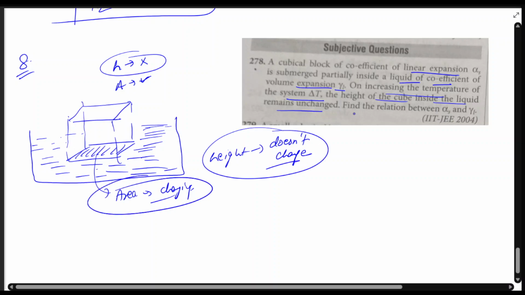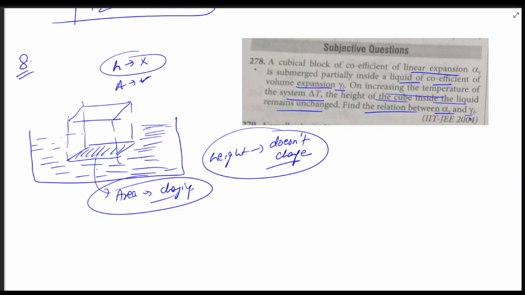So it does not change, right? Perfect. So this is an important piece of information. Now find the relation between gamma, alpha S, and gamma of the liquid. Right, so how will we solve it?